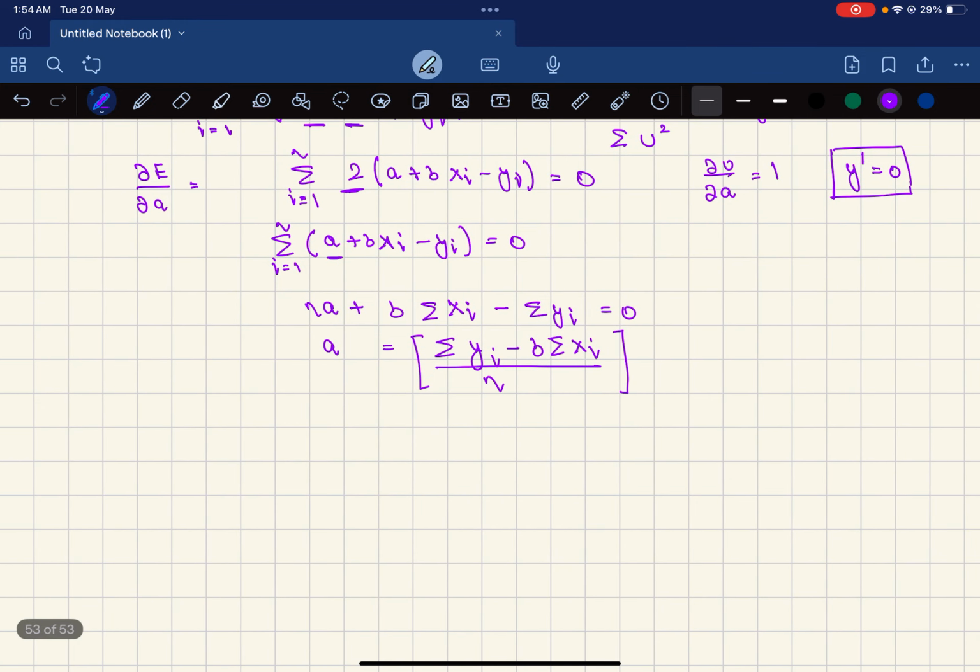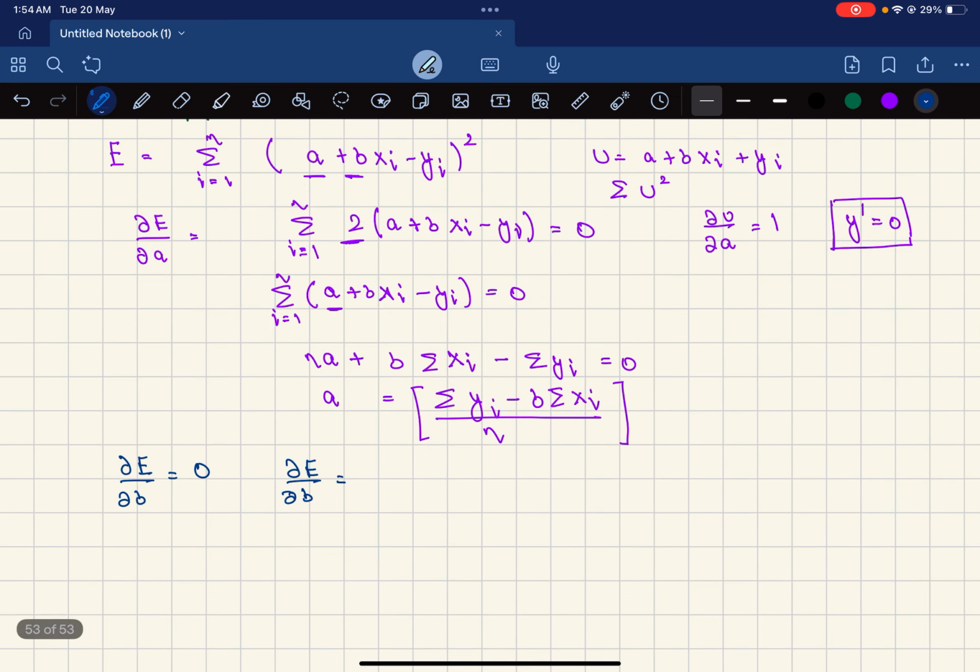Now what we do, we find the second partial derivative, that is del e upon del b is equal to 0, and we have del e upon del b computed here as, so once again we use the chain rule of differential calculus. We will be left with summation of, again, 2 a plus bxi minus yi.